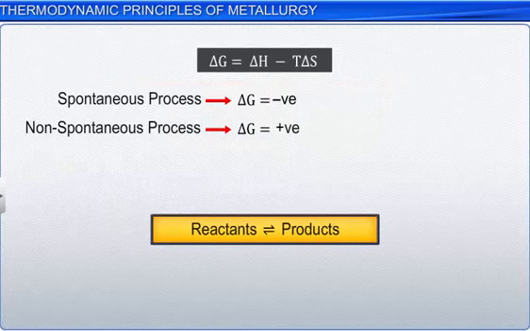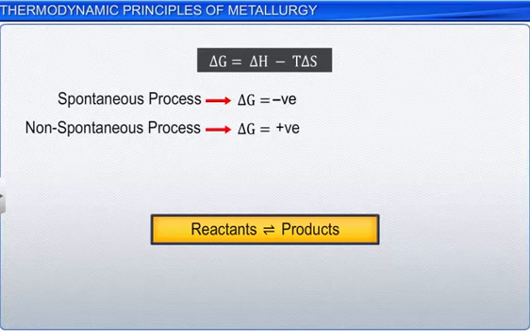If the reactants are in equilibrium with the products, the change in Gibbs free energy can also be expressed in terms of equilibrium constant K, with the help of the equation, delta G is equal to minus RT natural log K. As you can see, in this equation, delta G can be negative only if K is positive.